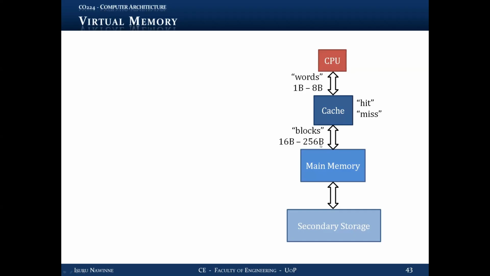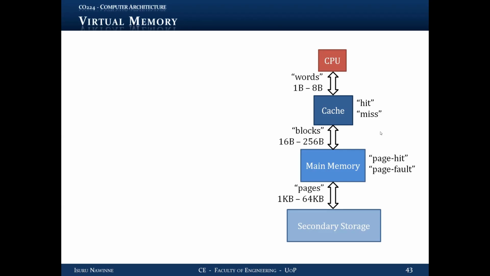The cache accesses memory and brings blocks of data, which are about 16 bytes in size, or can go up to 256 bytes normally. These are some usual number ranges. You might have even smaller or even bigger block sizes on certain implementations. These are some of the terms that we used when we learned about caching.